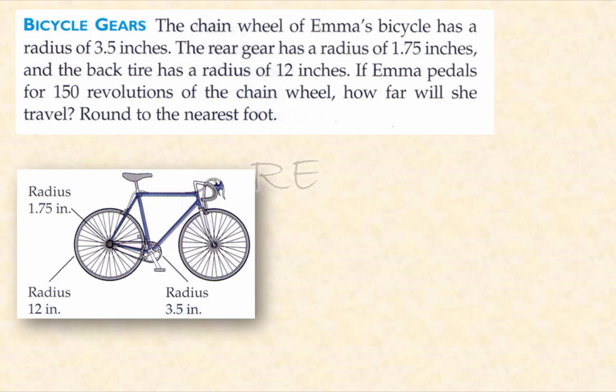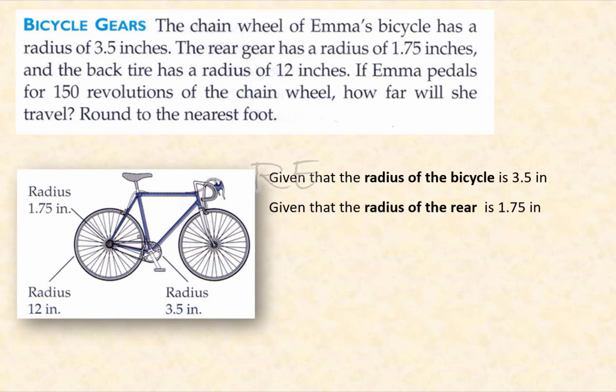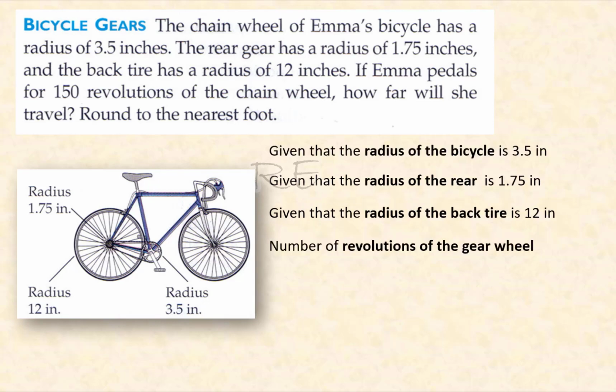For this problem, we are being given the radius of the chain wheel of the bicycle, which is 3.5 inches. Then we are being given the radius of the rear gear, which is 1.75. Then the radius of the back tire, which is 12 inches.